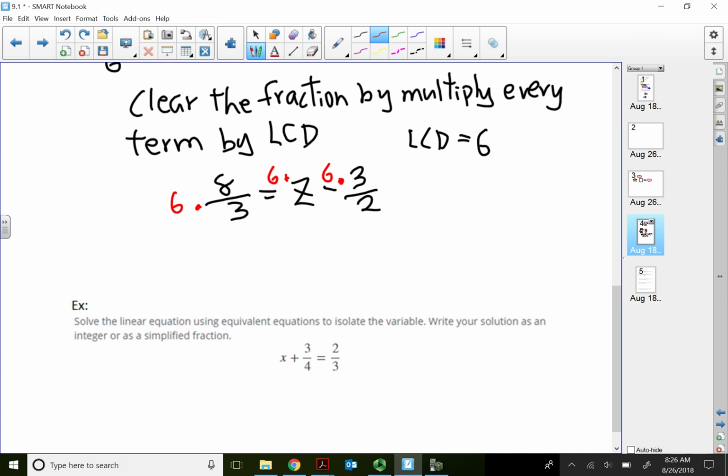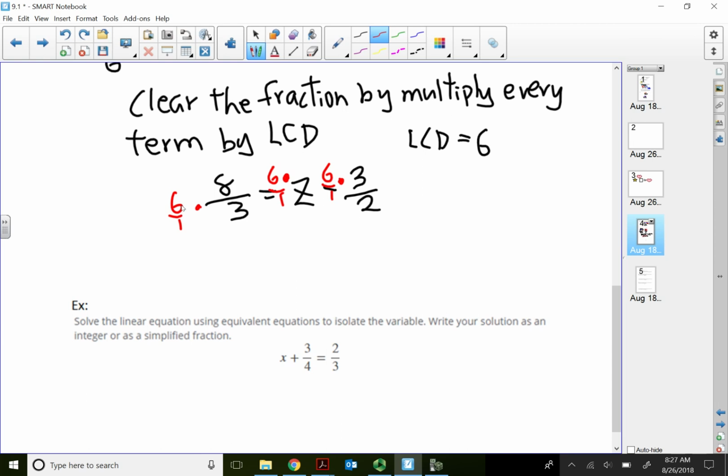When I multiply by 6, that means 6 over 1. Because what I want to do here is clear out my denominator. If I can clear out my denominator, then I will not have any more fractions. That's the whole idea.